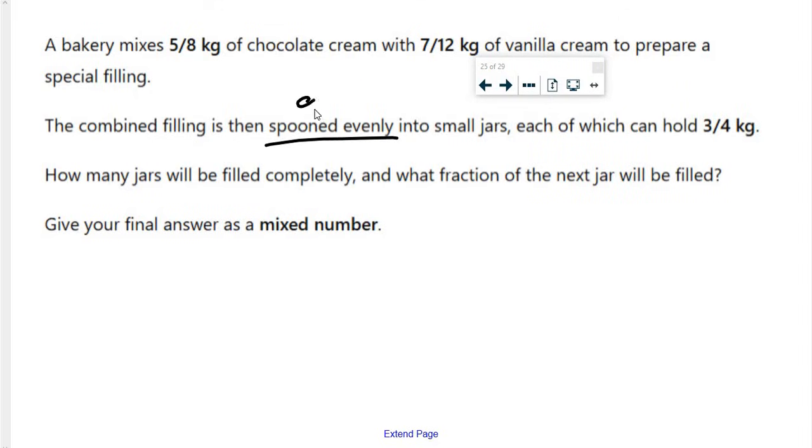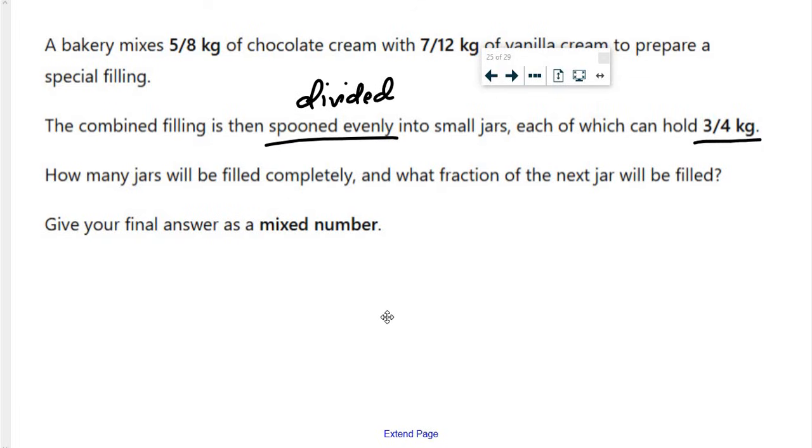Spooned evenly means divided into small jars, each of which can hold 3/4 kg. How many jars will be filled completely, and what fraction of the next jar will be filled? Give your final answer as a mixed number.